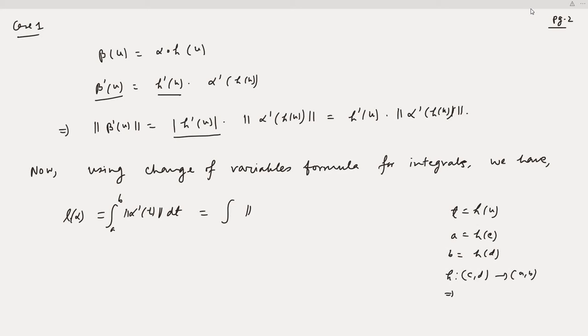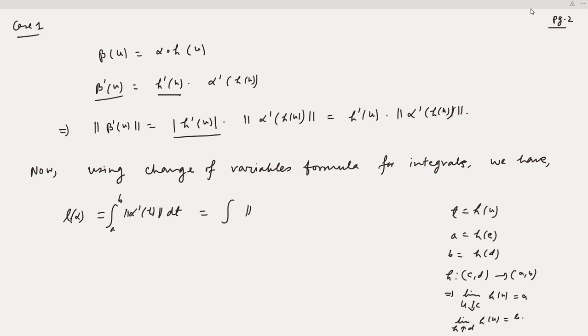This implies limit u tends to c of h of u equals a, and as it is increasing, limit u tends to d of h of u equals b.